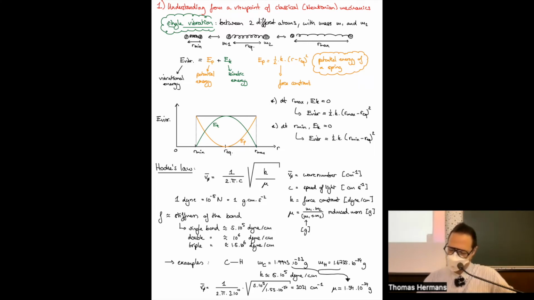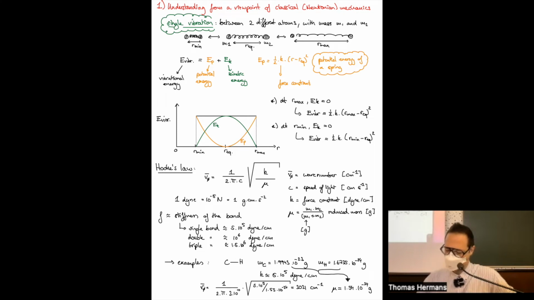And then we have mu. That's the reduced mass. You might have seen that somewhere. So m1 times m2 over m1 plus m2. Reduced mass has no units, dimensionless.